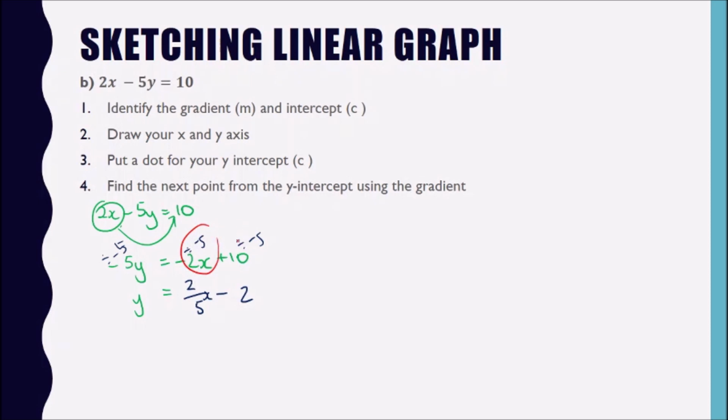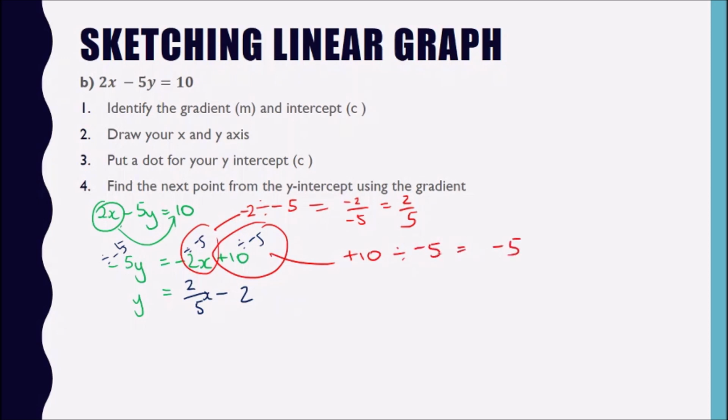This one here is negative 2 divided by negative 5, which equals 2 over 5. And this one here is positive 10 divided by negative 5, which is negative 2, because positive times negative is negative. Okay, so now I've got my equation.